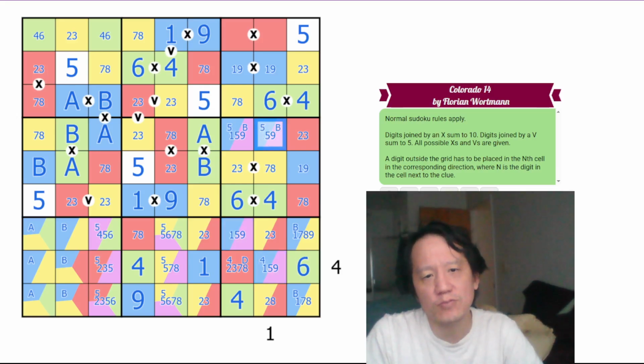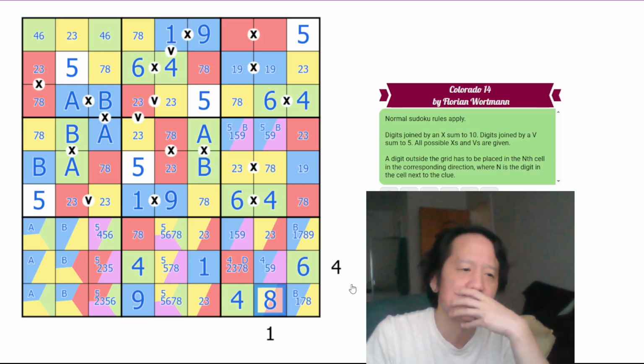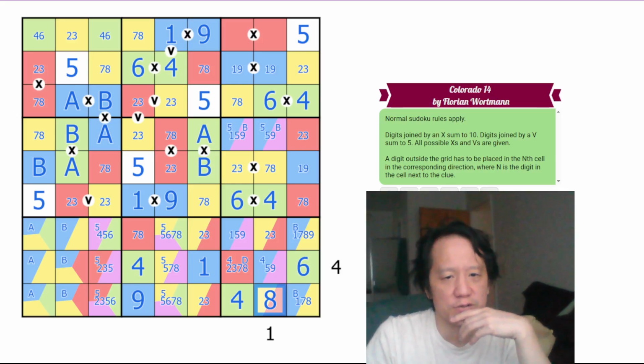This cannot be a 1, interestingly enough. That's 5 or 9. Oh, this can't be 1. So this must be 8 if that's the case. Huh. Interesting. And this looks like it works actually okay.